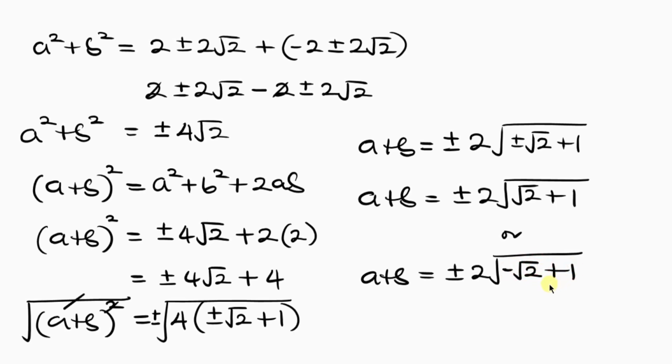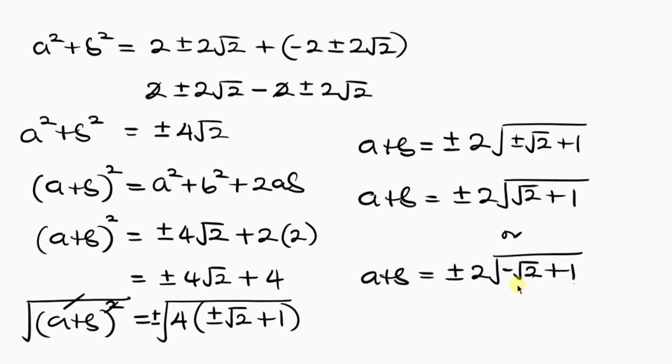Remember what we said. The question says find the real values of a plus b. And if you notice, this is not a real value because I'm going to be having negative here. The square root of 2 is actually larger than 1. So if it is carrying a negative here, it means that 1 is larger than this.